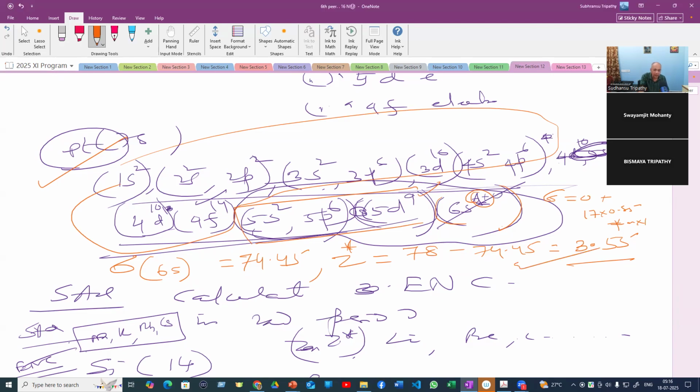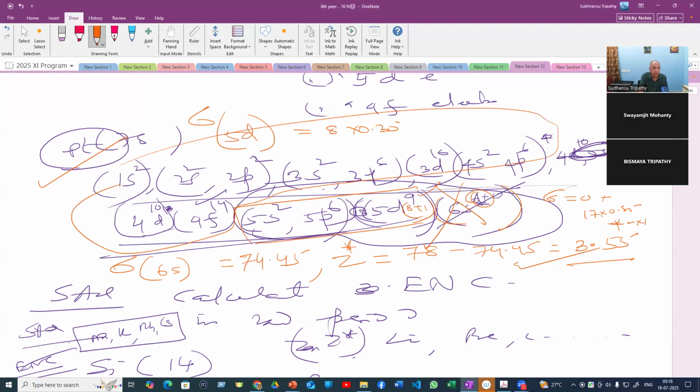And what about a 5D electron? Sigma for a 5D electron, this 6s has to be ignored. So this will be 8 plus 1. Yes or no? Yes, sir. So 8 into 0.35. Remember, this is the last group.